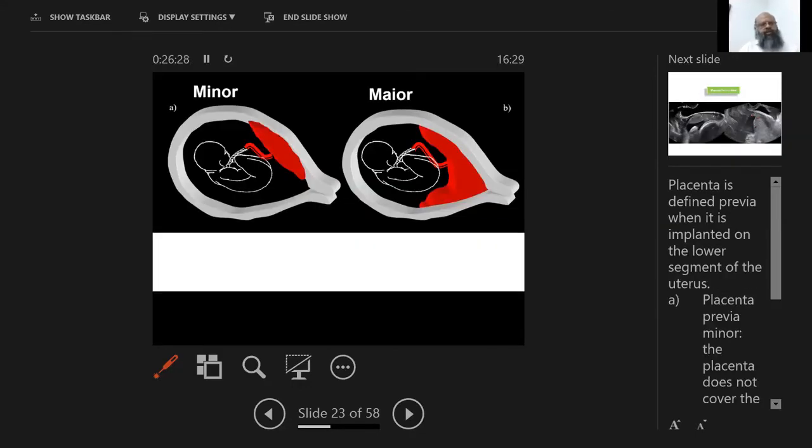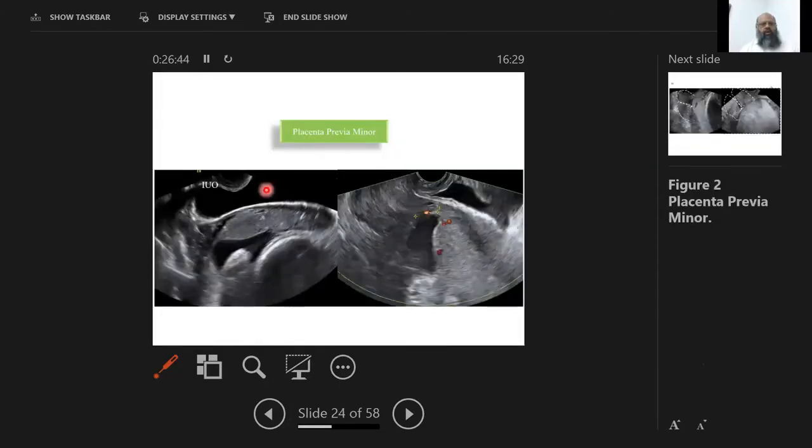Then we have the minor and major, which are, this is the previa, which is complete symmetrical previa. This is the marginalis. Here you can see the placenta, which is the previa minor. This is another condition. Here it is touching the os, so it is minor or marginalis.